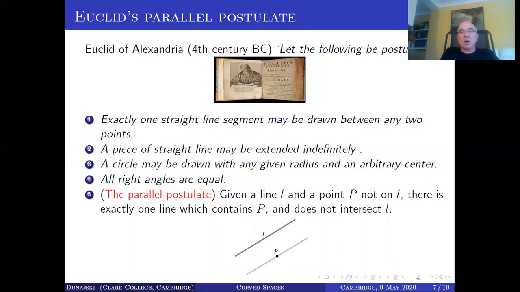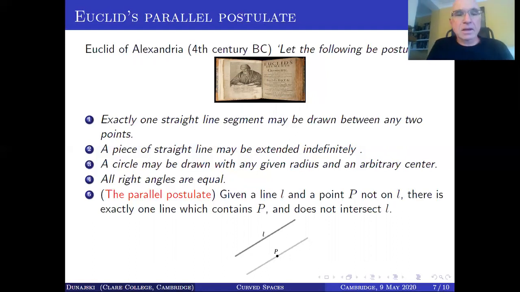Indeed, there will only be one such circle. All right angles are equal. That's a bit odd. What that one means is if you take 2 right angles and keep one where it is and translate and possibly rotate the other, then these 2 right angles will coincide. So up to congruence on the plane, all right angles are the same.